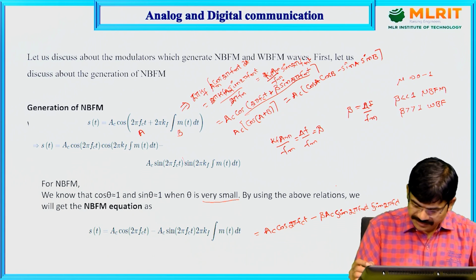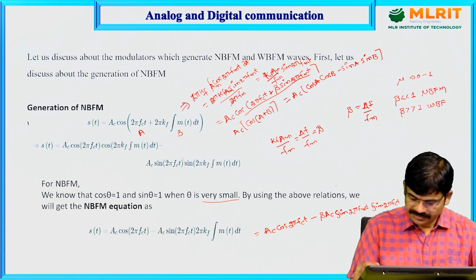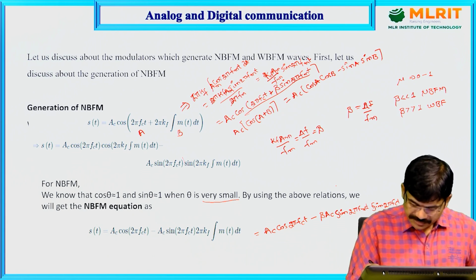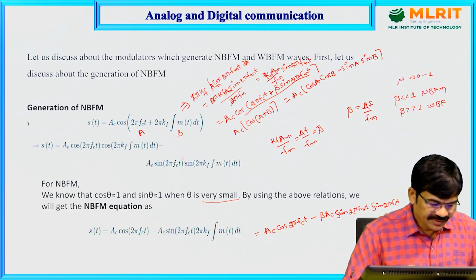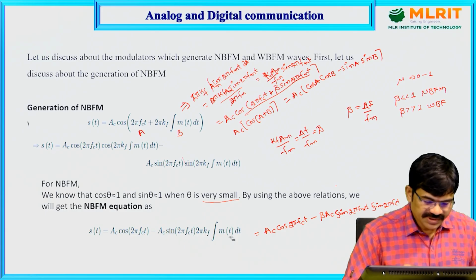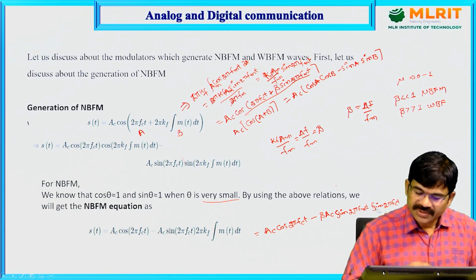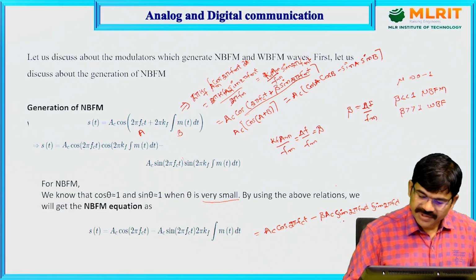Now, next, finally AC sin 2 pi fct, where m of t is sin 2 pi fmt.